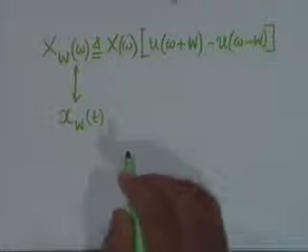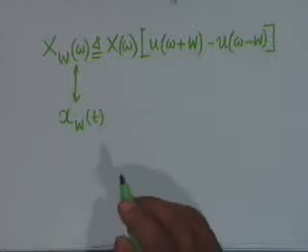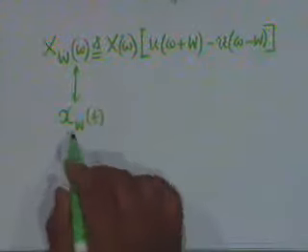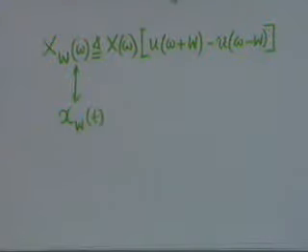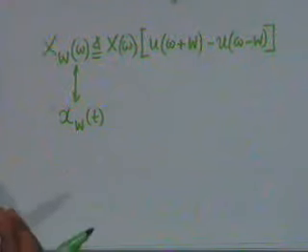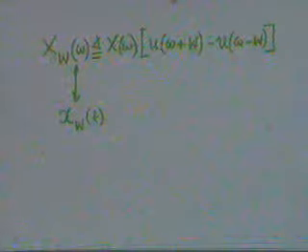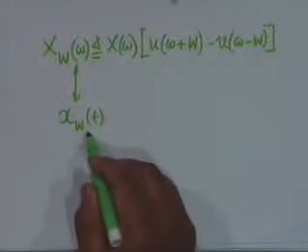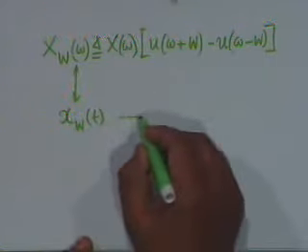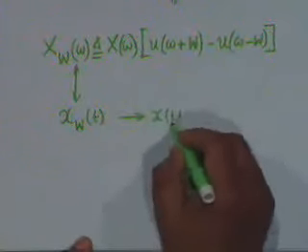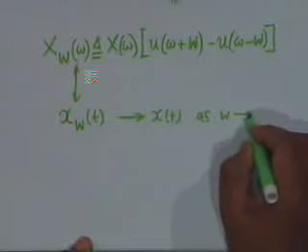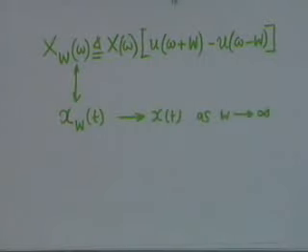Okay, the question now that we ask is, how does x_W(t) behave as W increases? Obviously, if W tends to infinity, then this should tend to x(t), because W tending to infinity means we take the whole spectrum.